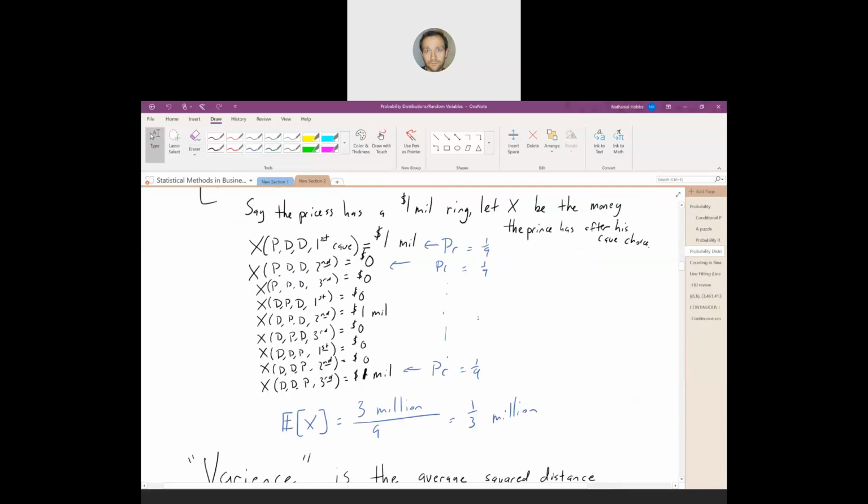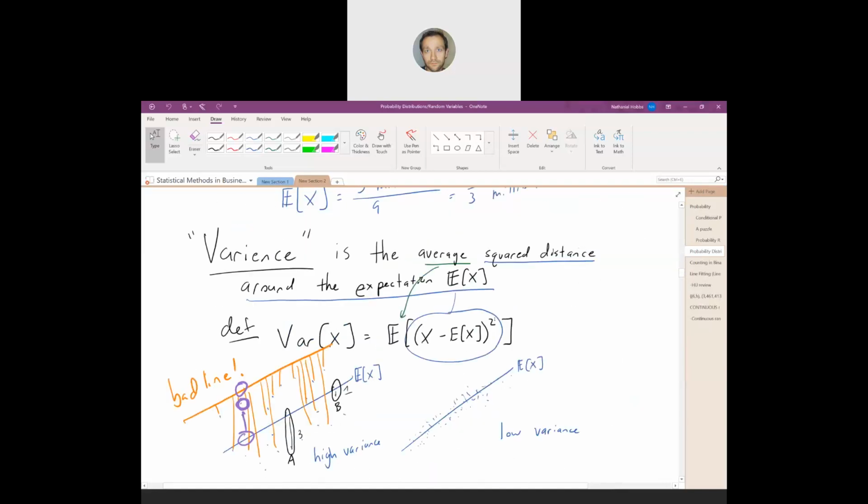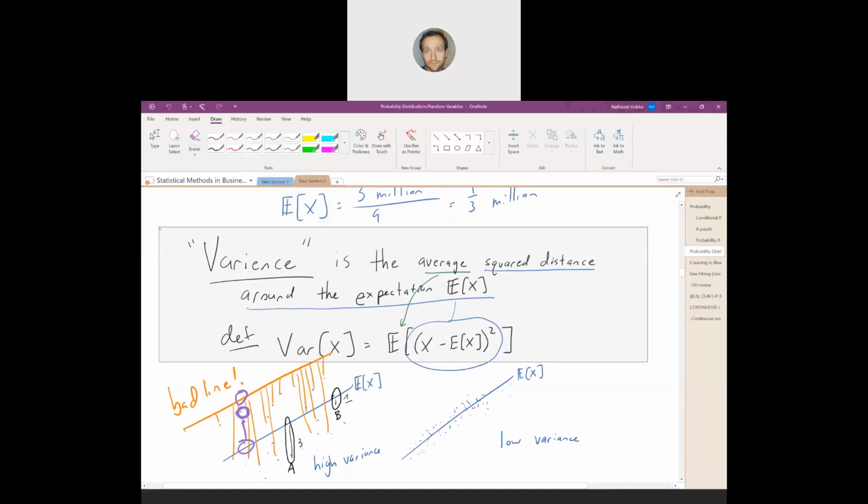All this stuff about probability, this was before, when we were just talking about random variables. And this is a definition, right? The average squared distance around the expectation. The square root of variance is standard deviation.